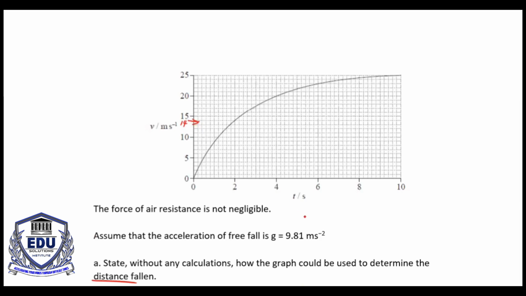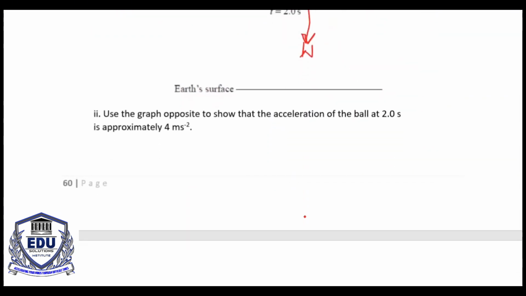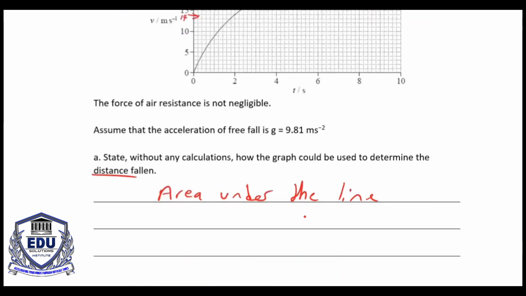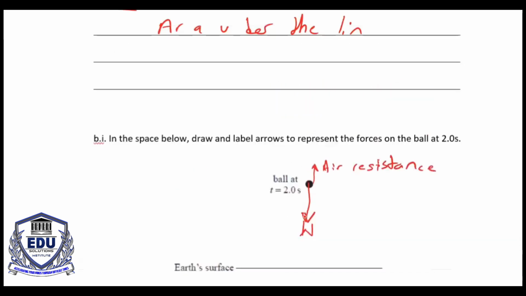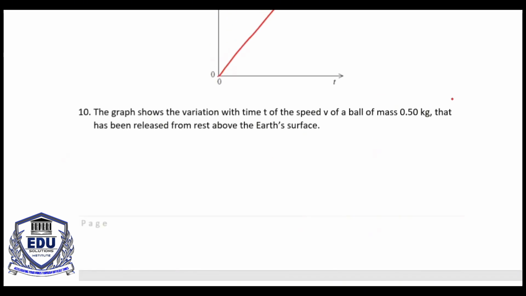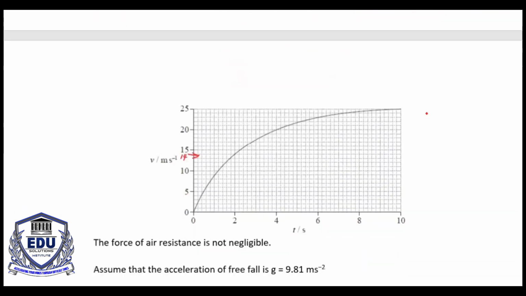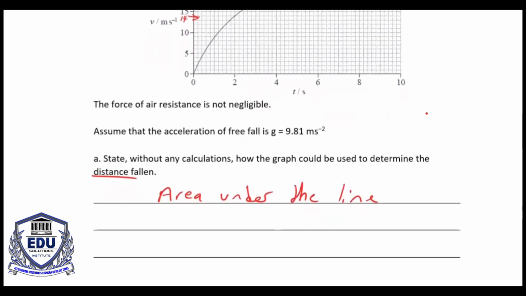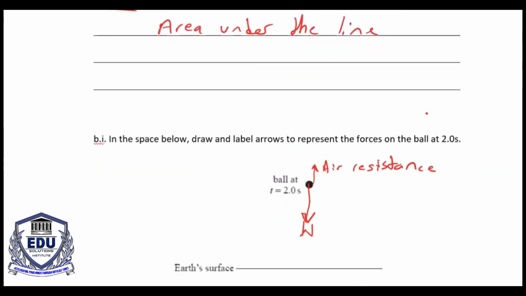At 2 seconds, its velocity is 14 meters per second. Now we need to prove that its acceleration is 4 meters per second squared. Let's see what else was given. Its mass is 0.50 kilograms. We have 0.5 kilograms and g, from which we can find the weight.